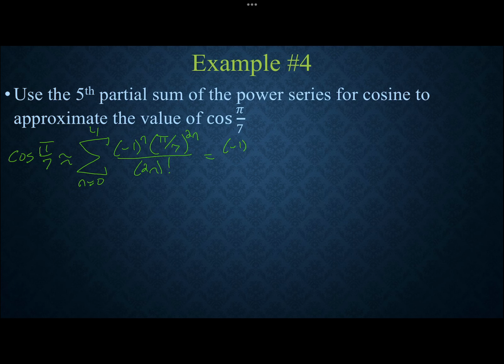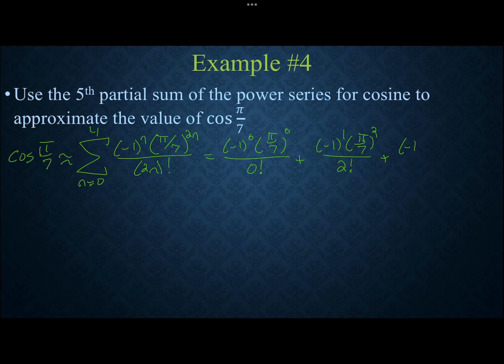So we'd have -1 to the 0, pi over 7 to the 0, over 0 factorial. And then we're going to have -1 to the first, pi over 7 squared over 2 factorial, because it's 2n now. So you'll find that the exponent of the angle will be double the exponent for the negative 1.